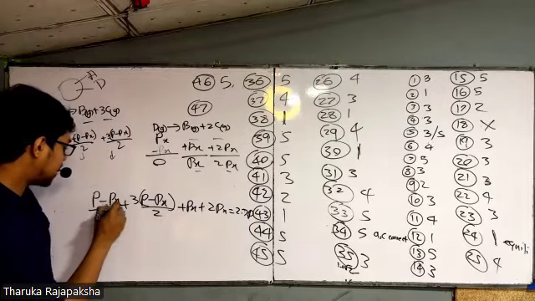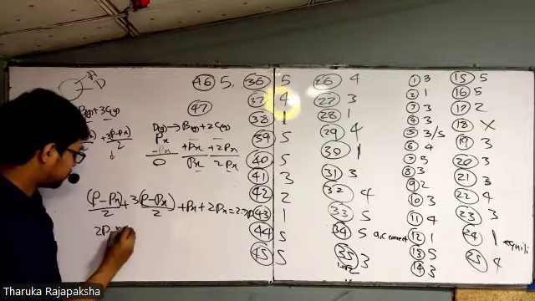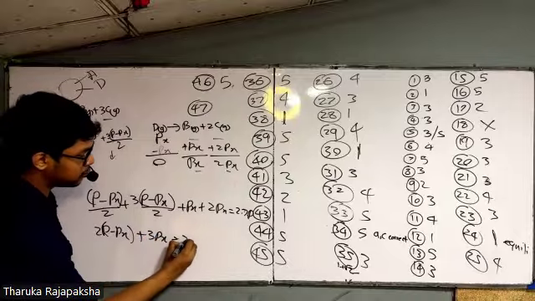We can add them together. So that is 2(P minus Px) plus 3Px will be 2.7P.